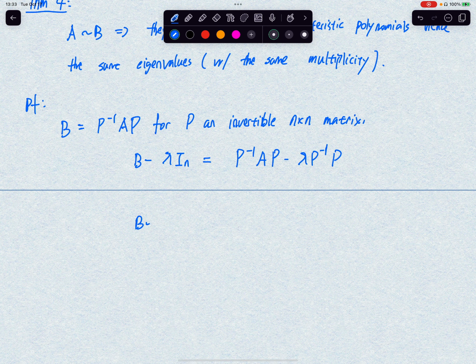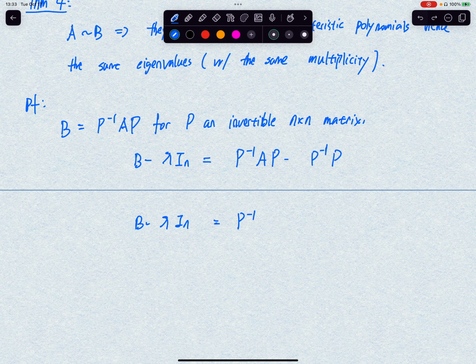So we have B minus lambda I_n equals, we first pull out P to the left, so we just interchange the order.